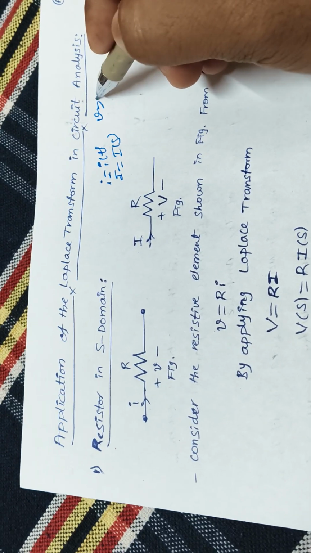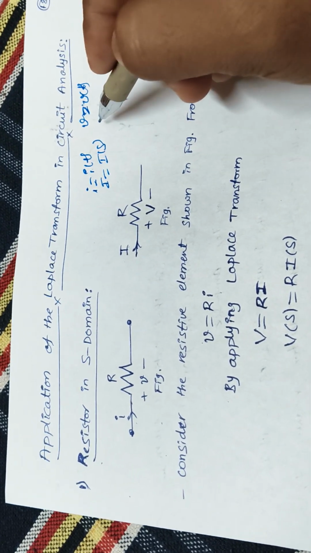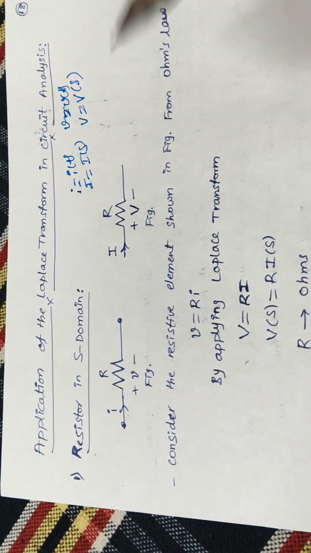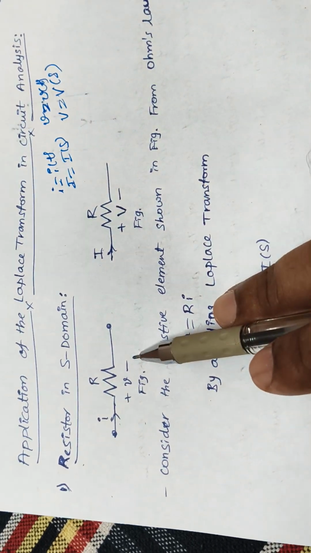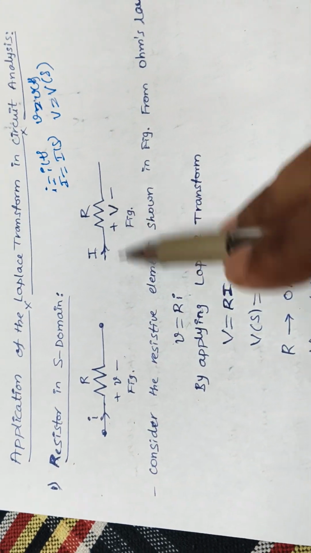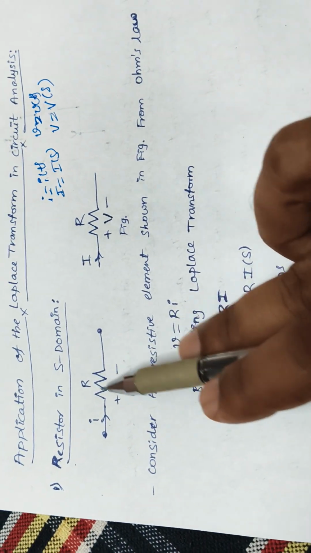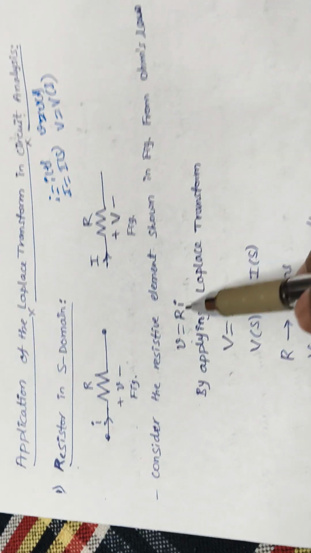In a similar way, small v means v of t in the time domain, and capital V means V of S. How can we get this time domain element into the S domain? If you consider the resistor, when you apply Ohm's law, what is the voltage equation? v is equal to R into i.